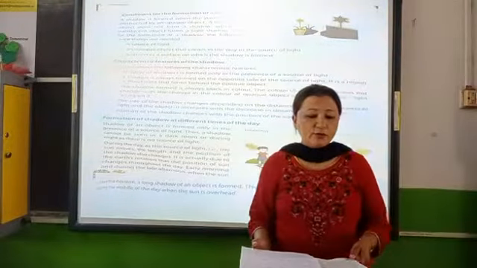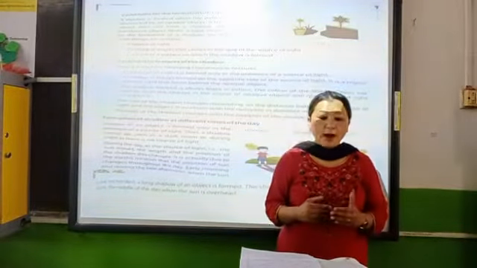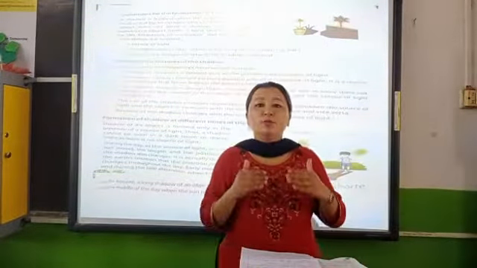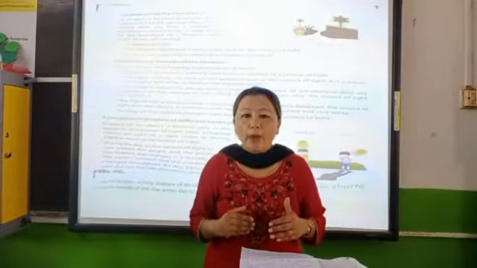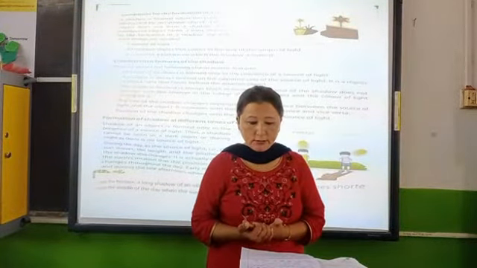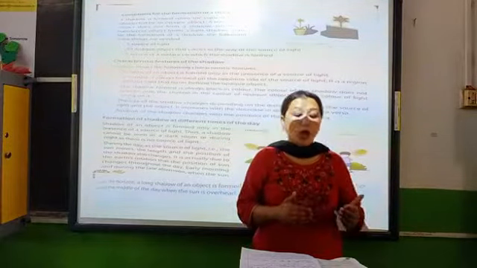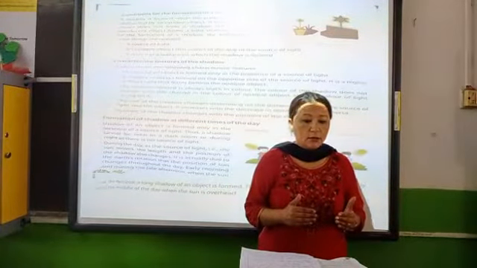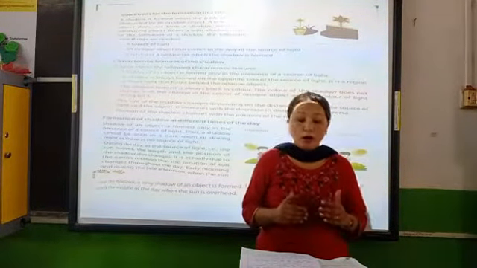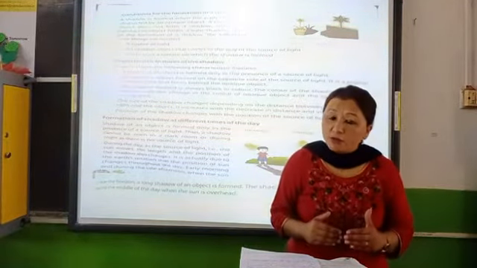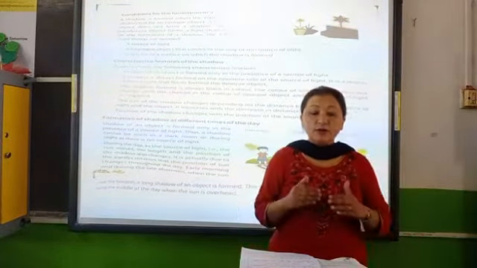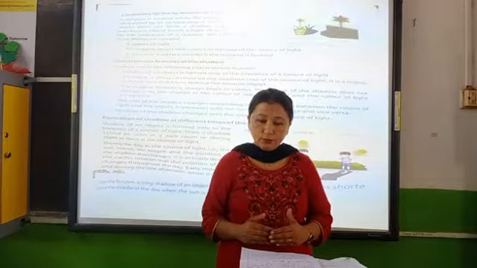A shadow is formed when the path of light is obstructed or blocked by an opaque object. A transparent object does not form a shadow, whereas a translucent object forms a light shadow.